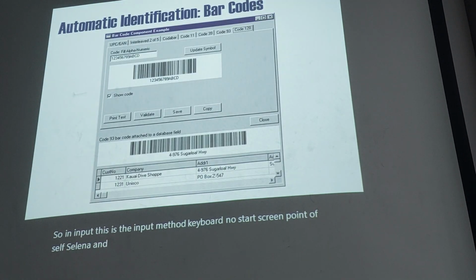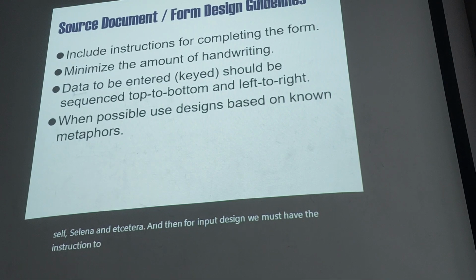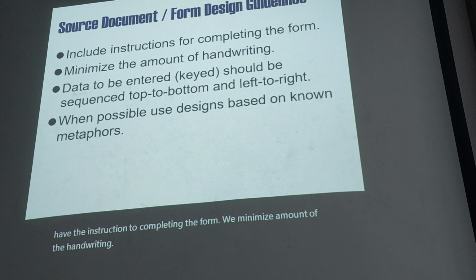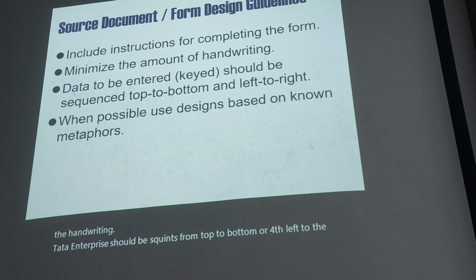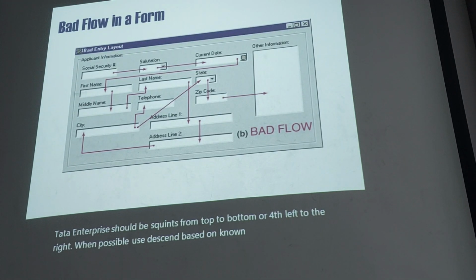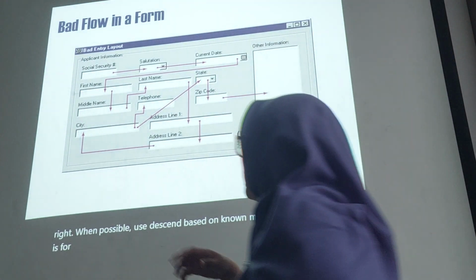For input design, we must have instructions for completing the form. We minimize the amount of hand counting. Data entered should be sequenced from top to bottom or from left to right. When possible, use design based on metaphors. This is the path flow for input data.